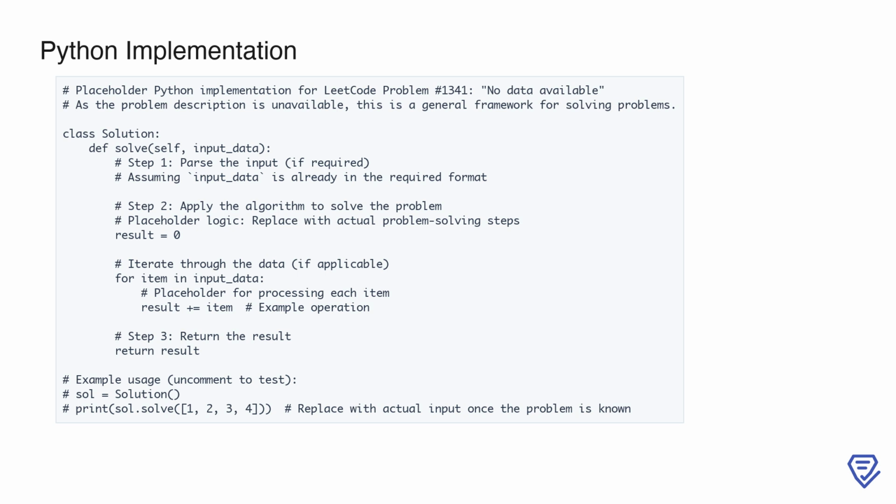The code includes placeholder logic to process the input data, such as iterating through it and performing an example operation, in this case, summing the values. The result is then returned. Once the problem details are known, you can replace the placeholder logic with the actual algorithm to solve the problem. Edge cases and specific constraints should also be handled accordingly based on the problem's requirements.